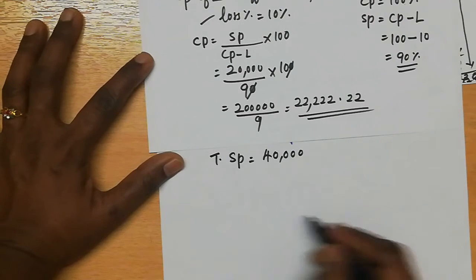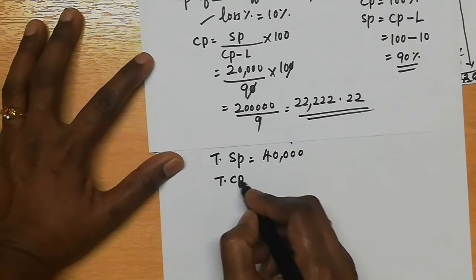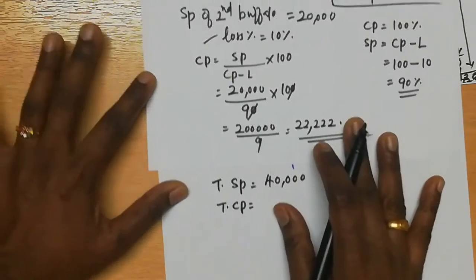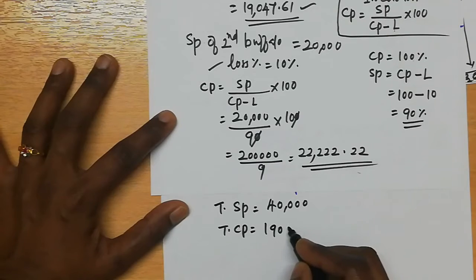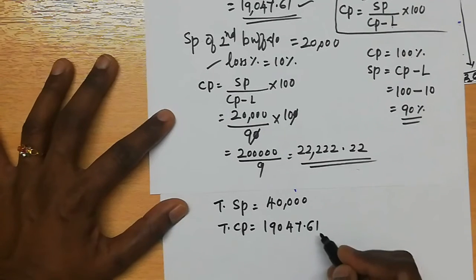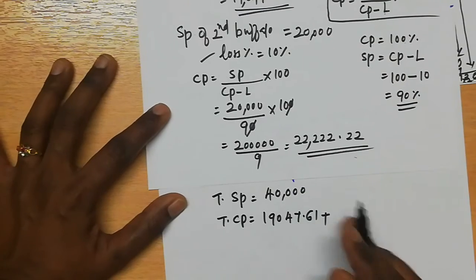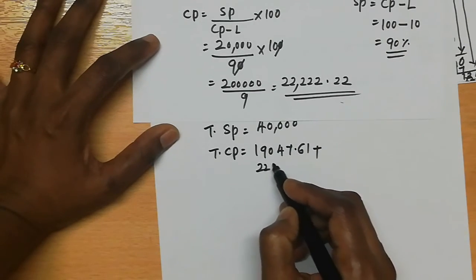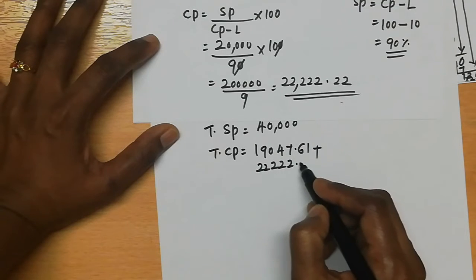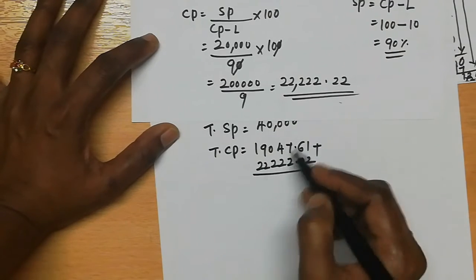Okay, so then what is the total cost price? Here we got the first buffalo's cost price as 19,047.61 plus the second buffalo 22,222.22. We should add that.